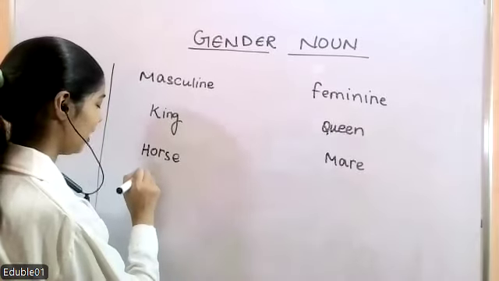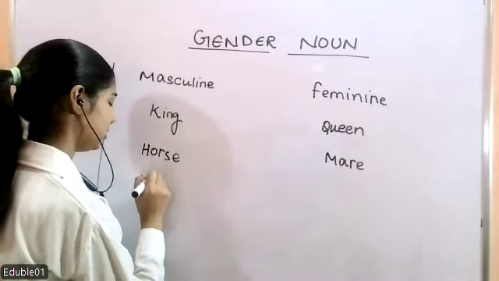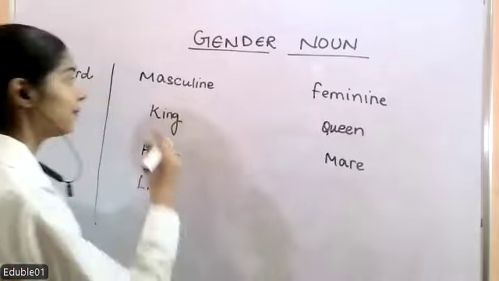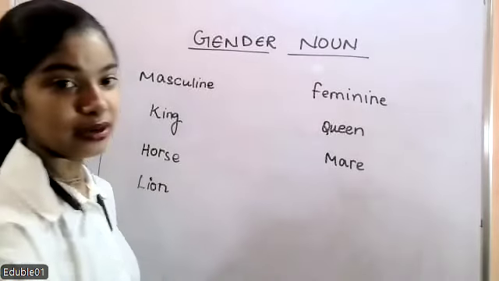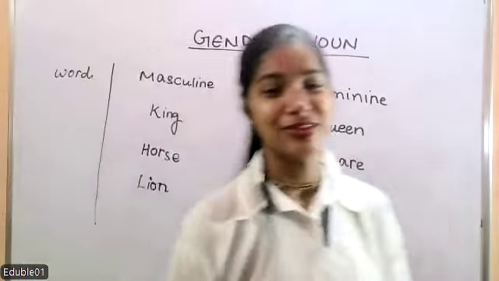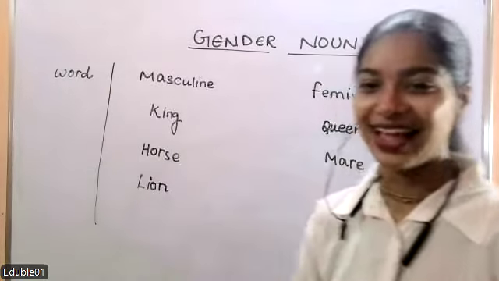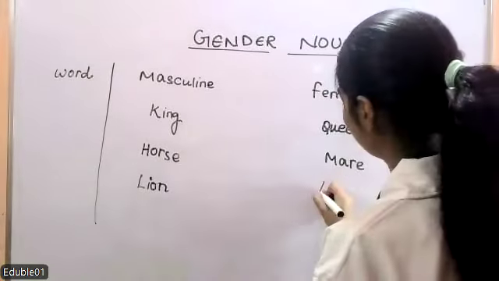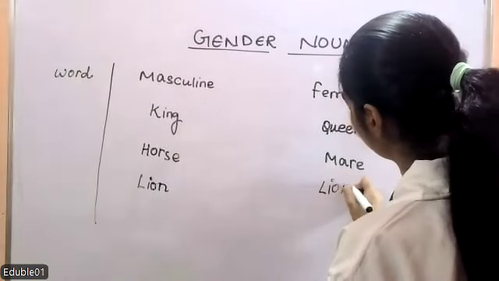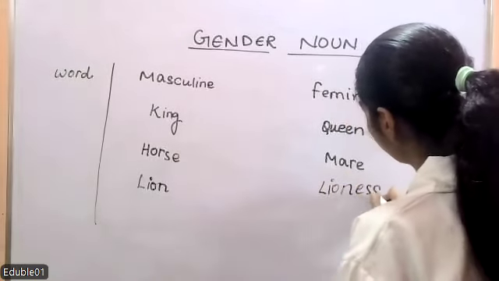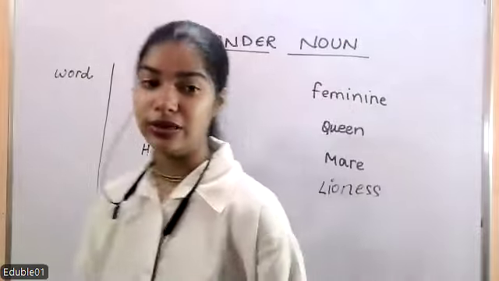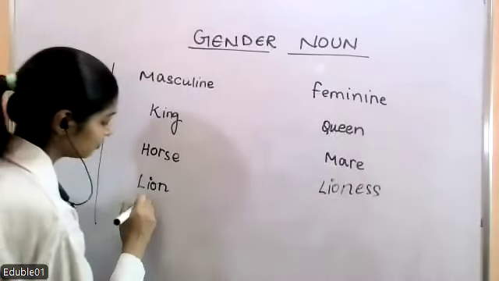Lion. So lion is the masculine noun. Now, who is the queen of the forest? That is lioness. So lioness is the feminine noun.